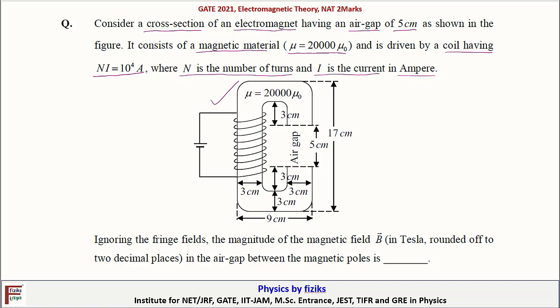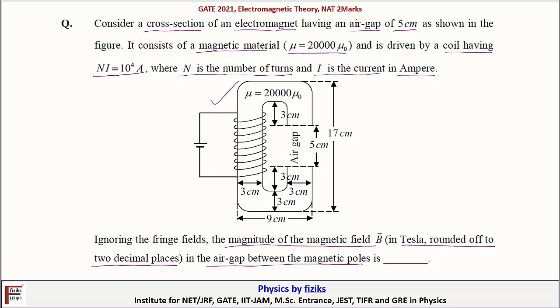Now ignoring the fringe field, we have to find the magnitude of the magnetic field B in the air gap between the magnetic poles, write it in Tesla, and round it off to 2 decimal places.